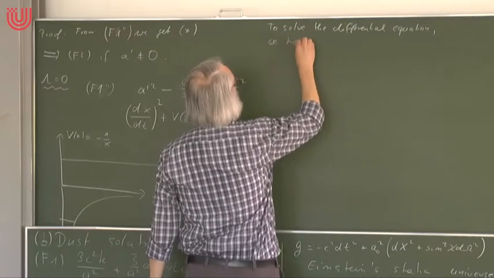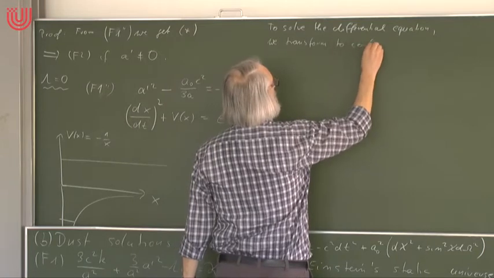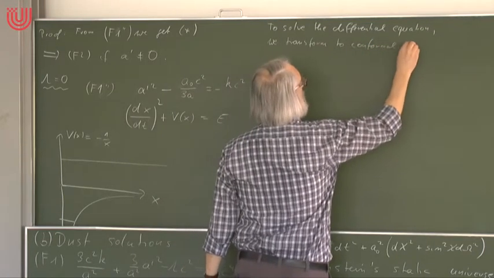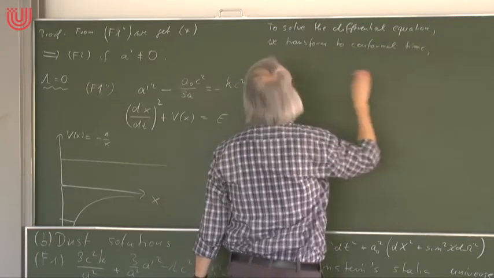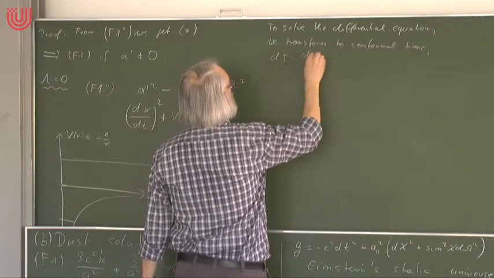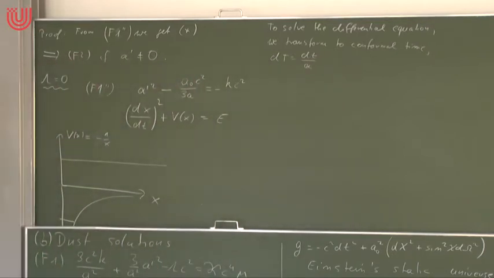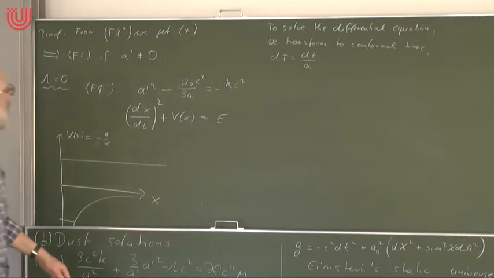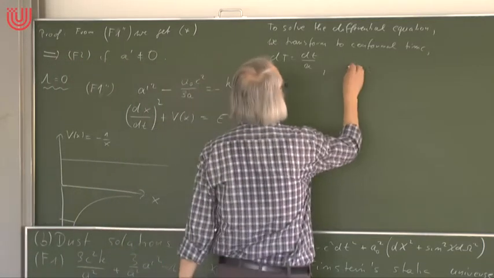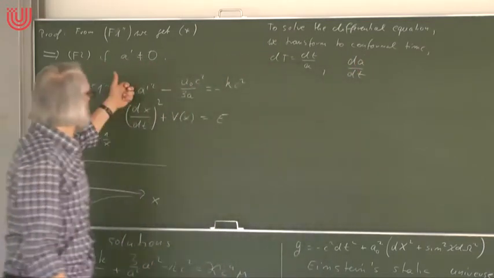We transform to conformal time, which I called capital T. Just to remind you, dT was d little t over a. This was the way in which the conformal time was defined. It's only defined up to an integration constant. And this means that if I evaluate these expressions, that's what you have in the differential equation.